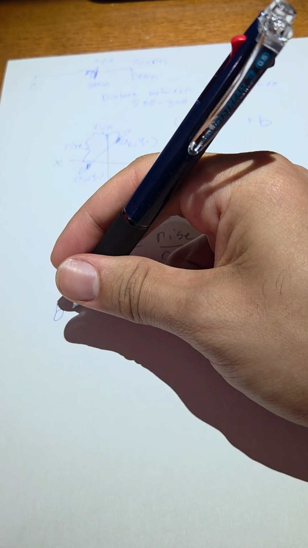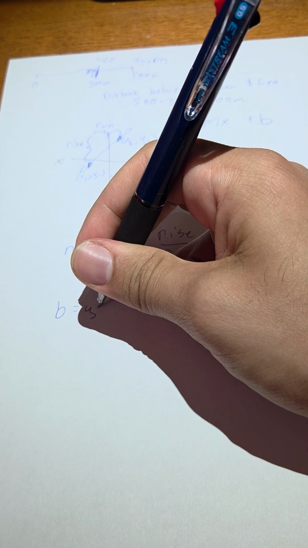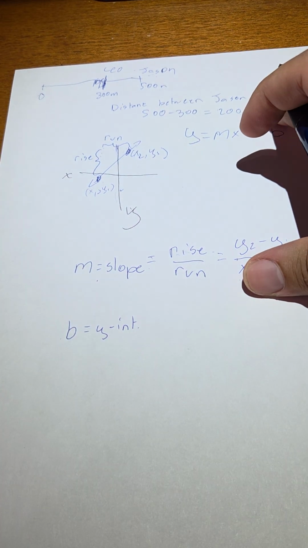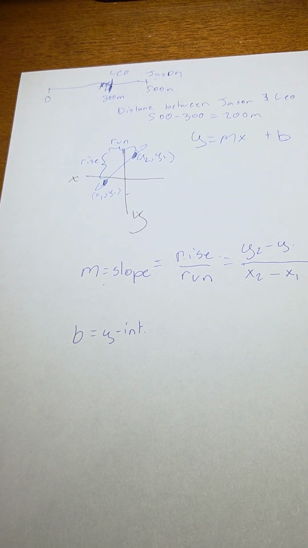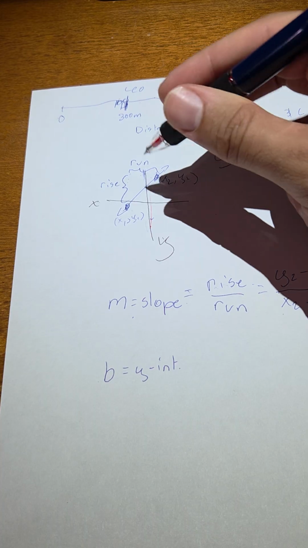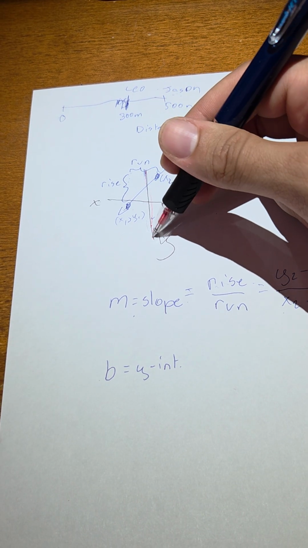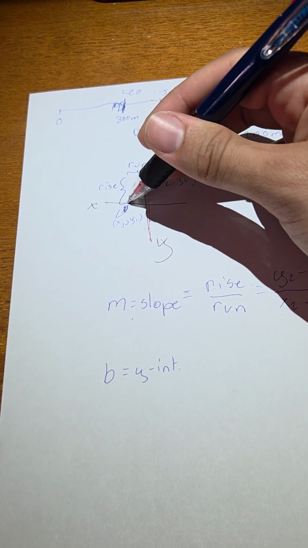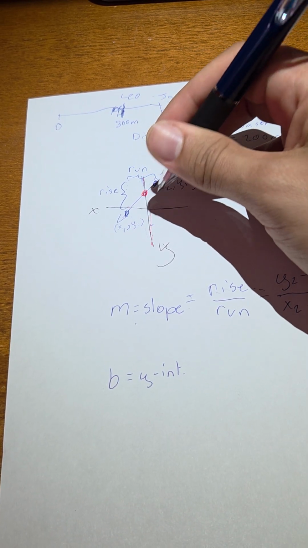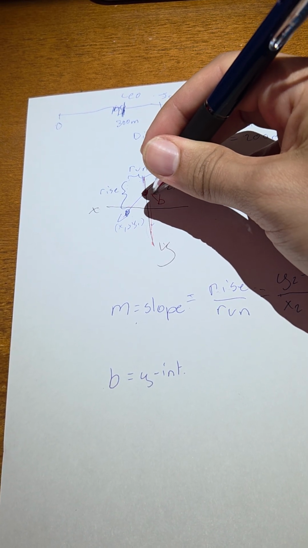B is our y-intercept. What does that mean? That means our y-intercept is basically the point where the function touches the vertical line, the y-axis. We look right here, it touches it right there. That is b, right there.